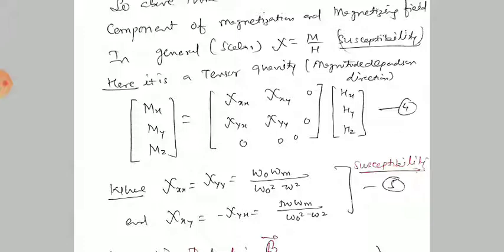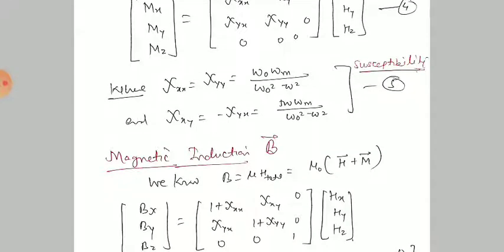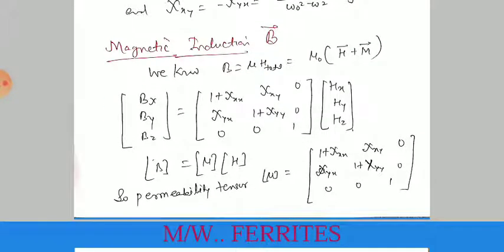Here these are the components of the susceptibilities. So the magnetic induction can be written from this: B equal to mu0 (H total) equal to mu0 (H plus M). So Bx, By, Bz equal to mu0 times the matrix (1 plus chi xx), chi xy, 0; chi yx, (1 plus chi yy), 0; 0, 0, 1 times Hx, Hy.